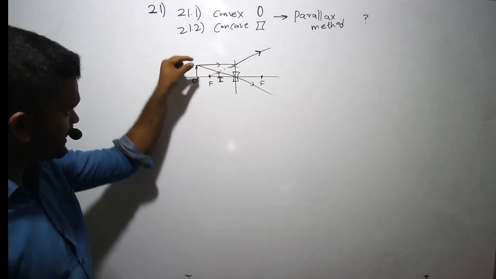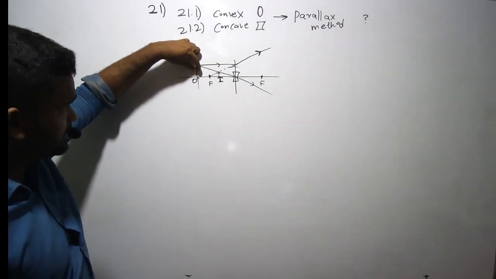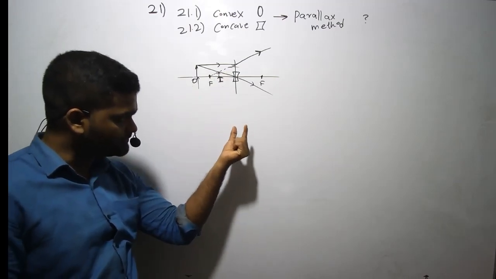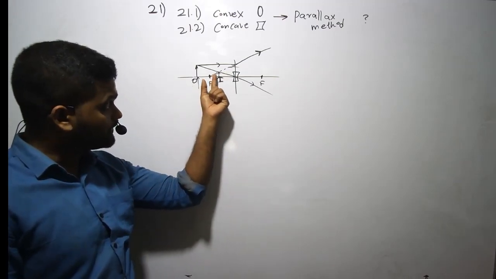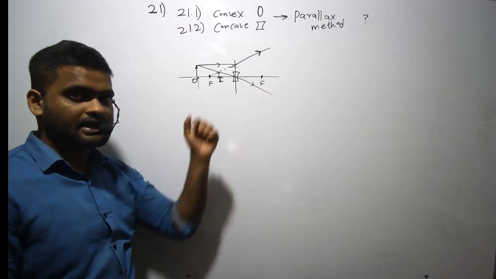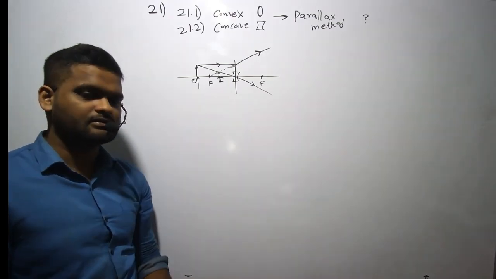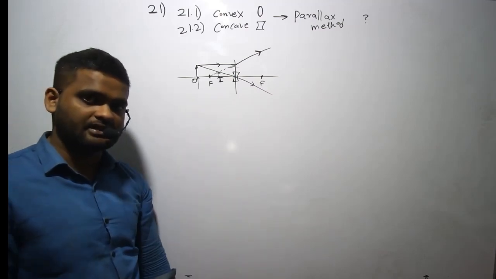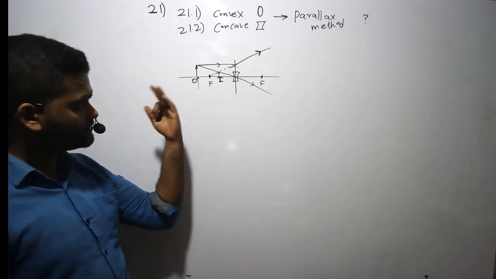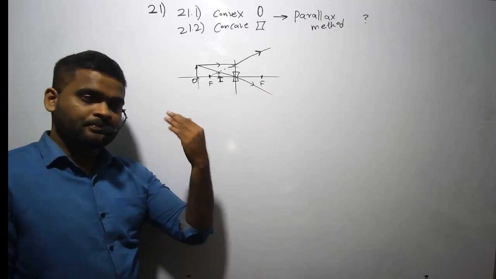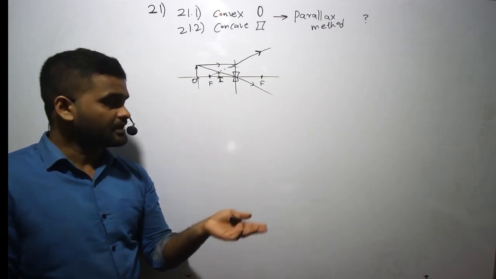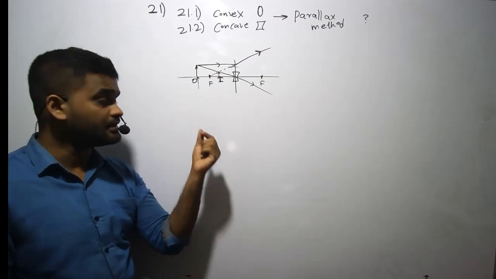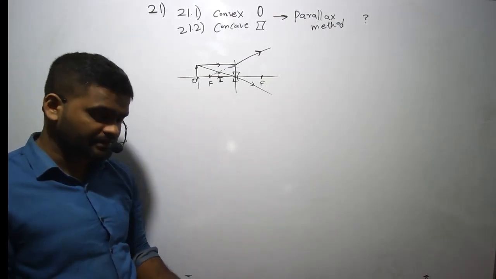So for this one, you can use a thicker object pin. Then you will see the image of both the object pin and the optical pin through the lens. But using the parallax method is going to be very hard in that case, right? So we are going to go for a new experimental setup which is more convenient than the previous methods, right?